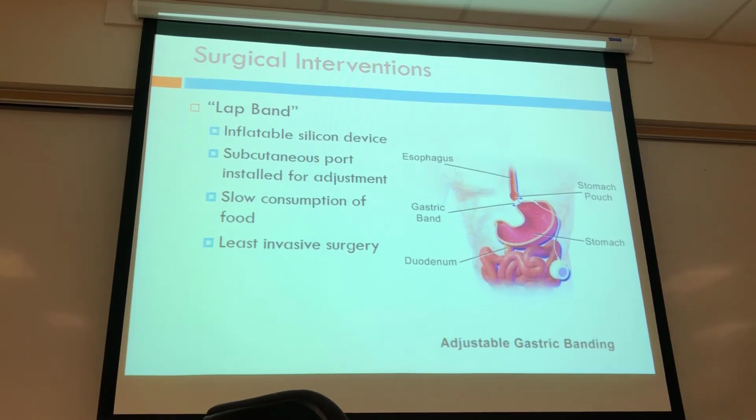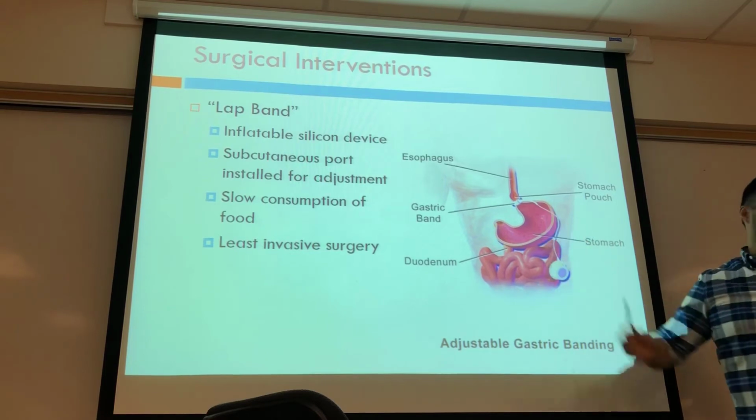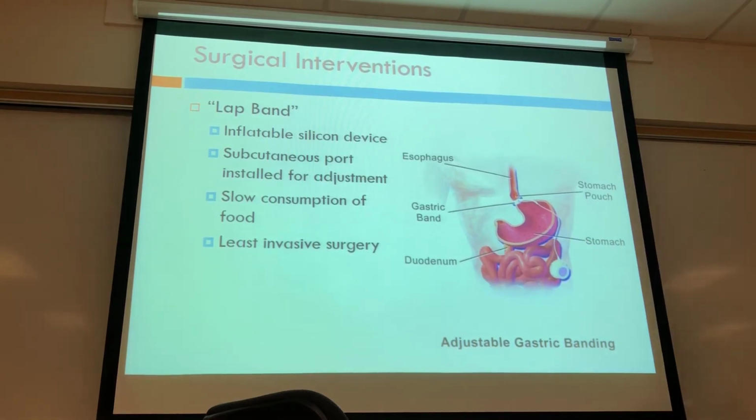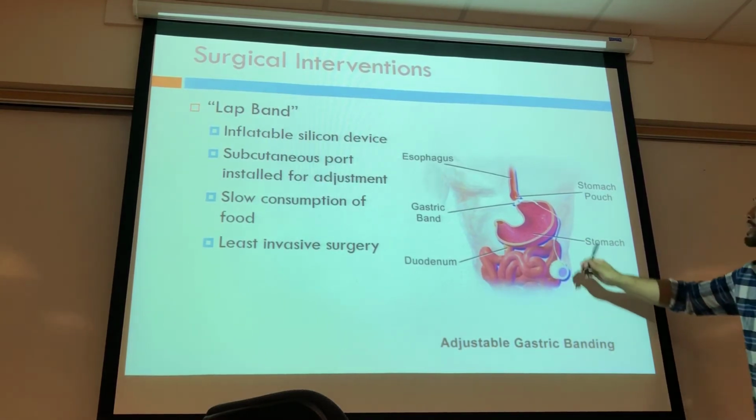Now the problems with the lap band: obviously you've got a port installed right underneath the skin. It's not a permanent solution. People typically report pain where the band is. You can also cause the esophagus to dilate.